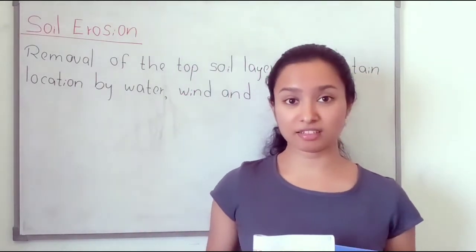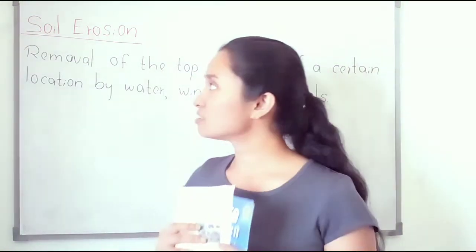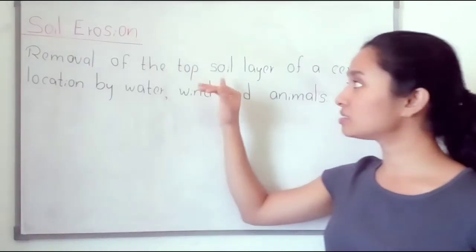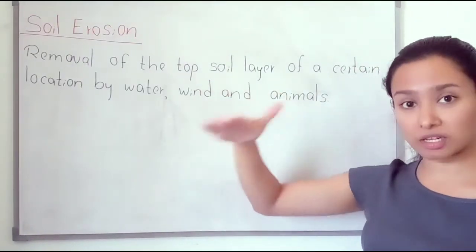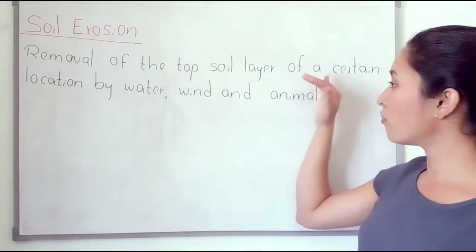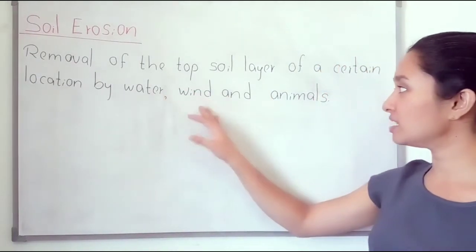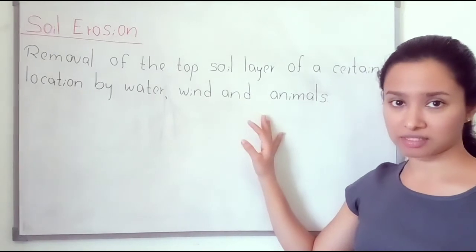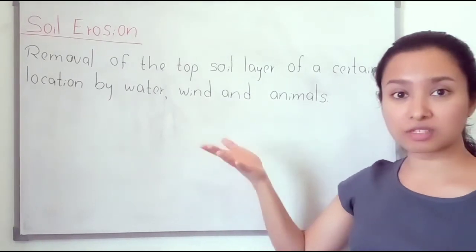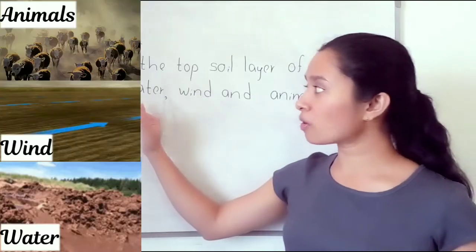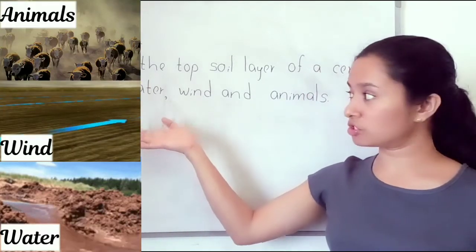This incident we call soil erosion. That means removal of the top soil layer of a certain location by water, wind and animals. So what are the causes of this soil erosion?